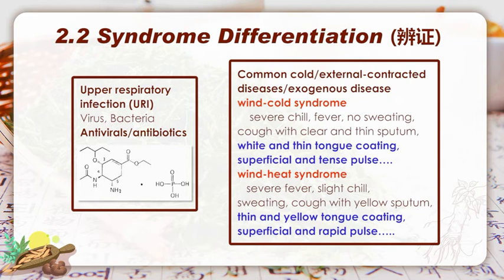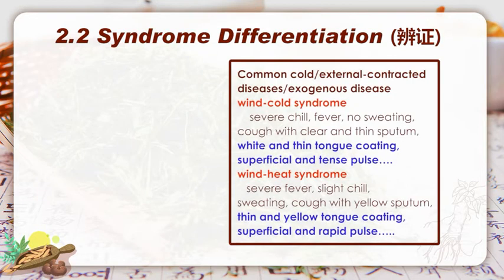Well, in TCM, an upper respiratory infection is named as common cold or external contracted disease or exogenous disease, which can be further differentiated into wind cold and wind heat as the most common syndromes, based on a comprehensive analysis of information such as causes, manifestations, and so on.